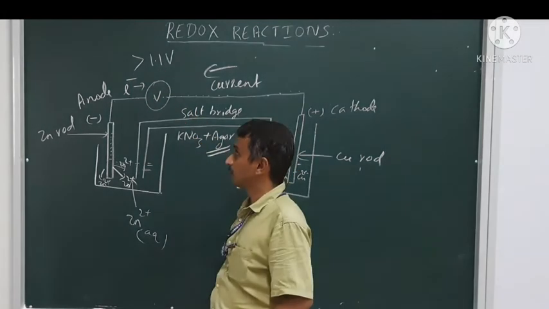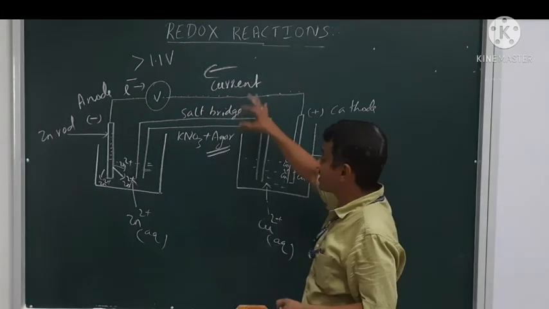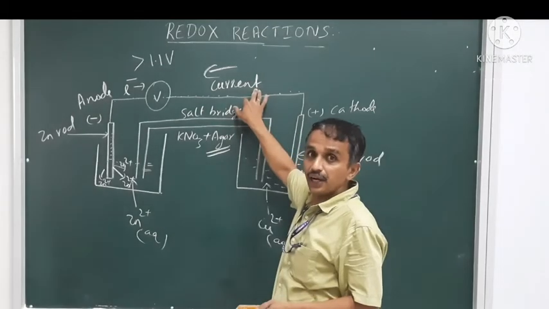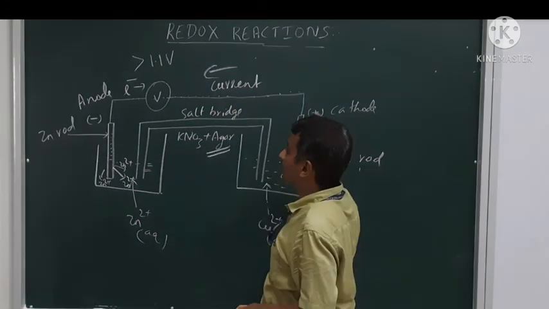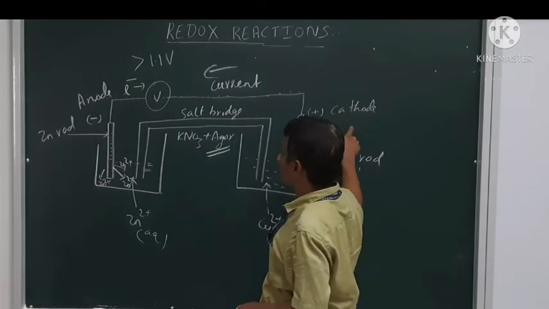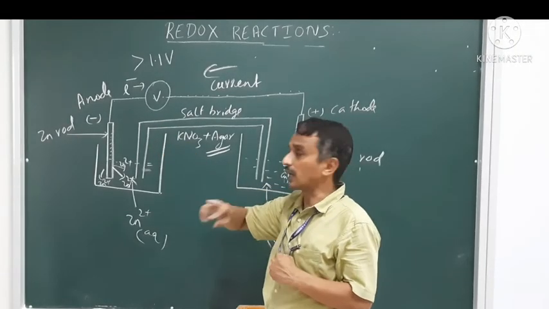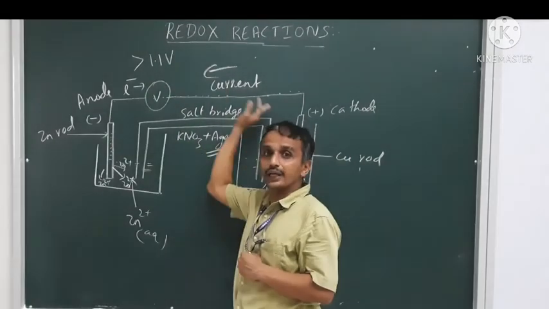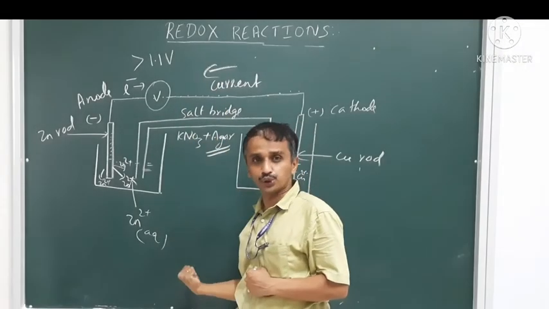What happens then? See, as the applied voltage is greater than 1.1 volt, current will not move from cathode to anode. Instead, the current will start moving from anode to cathode, because the applied is greater than what is produced.